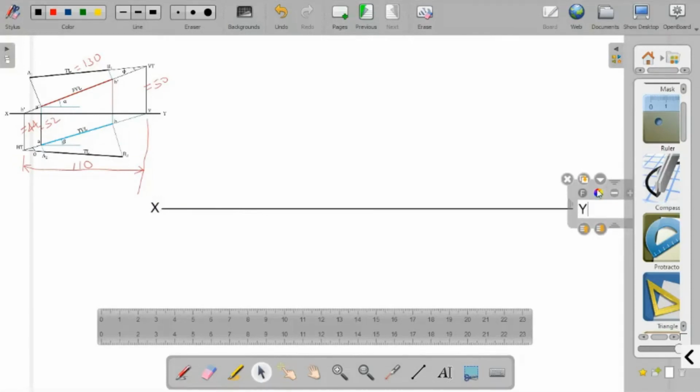Now two perpendicular lines at a distance, so first one perpendicular line. Then from here, this one is 110 millimeter.